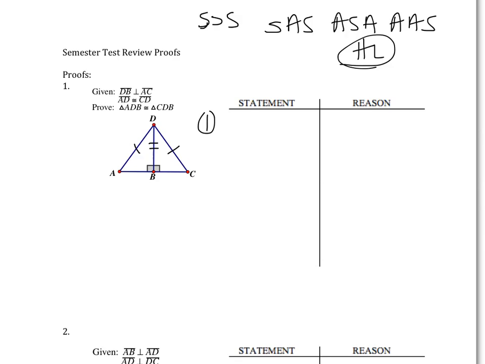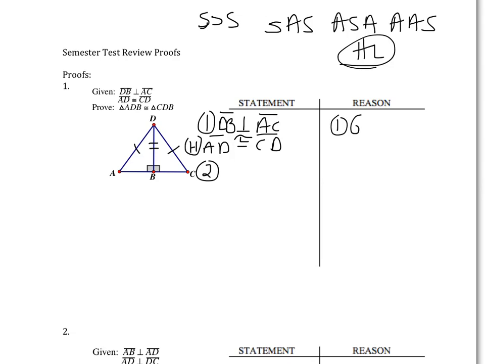So I'm going to go ahead and start off with my given. We always need to write our given down because we're going to use that information in our proof. Cannot be assumed. When I write that given, I like to state that one of these is actually the hypotenuse, which is one of the pieces of information that I need in order to prove this.